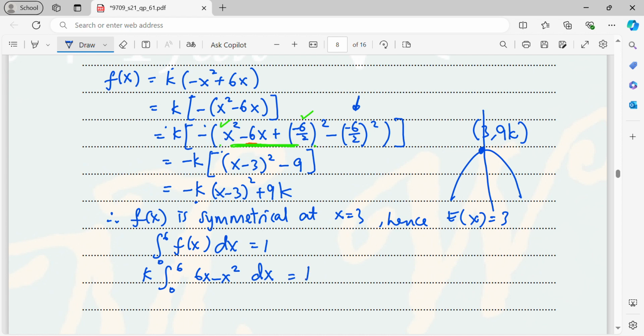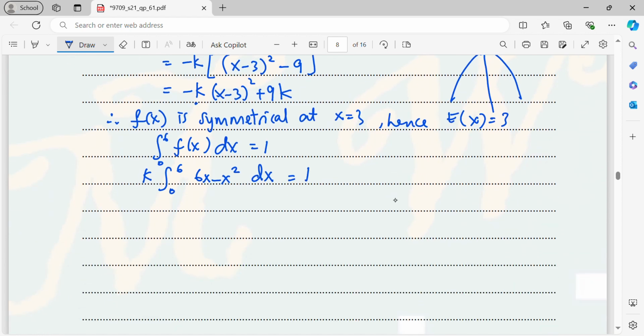dx equals to 1. Now to integrate, you will get k times 6x squared over 2, then the x squared becomes x cubed over 3, limits 0 to 6, equals to 1. Here you will just write this as 3, then replace the values.